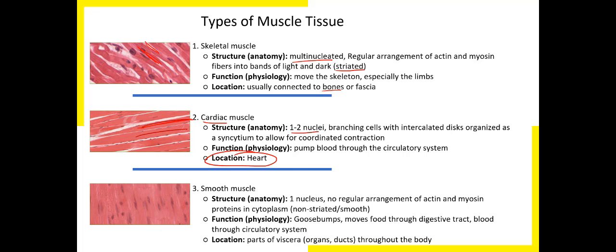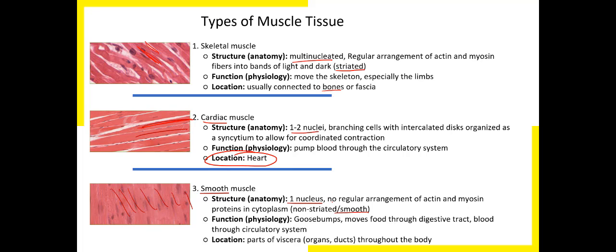The third type of muscle is called the smooth muscle. It does not have striations, and so it looks smooth. There are no bands of light and dark, so it's all sort of one continuum. In terms of its anatomy, each smooth muscle cell contains one nucleus, and the name comes from when you look down a microscope, it looks smooth, it's non-striated.